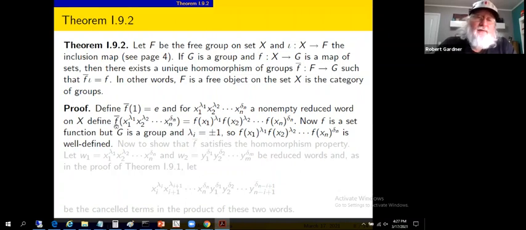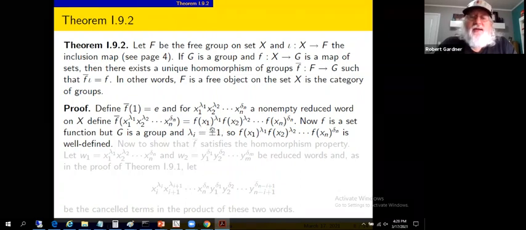So define F bar of this reduced word as F of x sub 1 to the lambda 1. If lambda 1 equals 1, it's just F of x sub 1. If lambda 1 equals negative 1, it's the inverse of F of x sub 1 in group G. So this makes sense. So take F of the subscripted x's and the corresponding exponents.